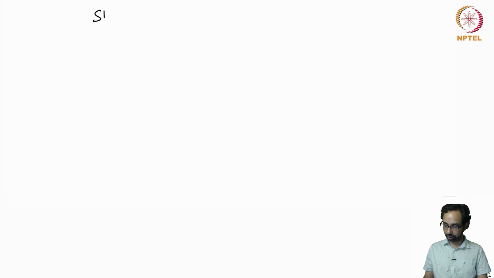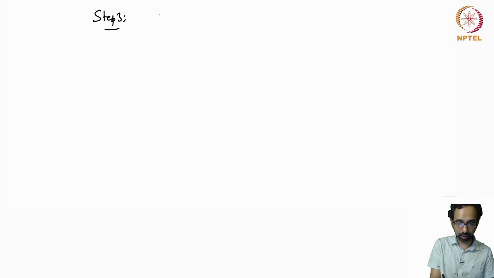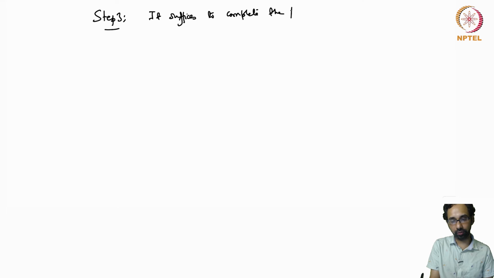And now the third step, step 3, is to show that it suffices to complete the proof. It suffices to show that the intersection of all these Un closures is non-empty.